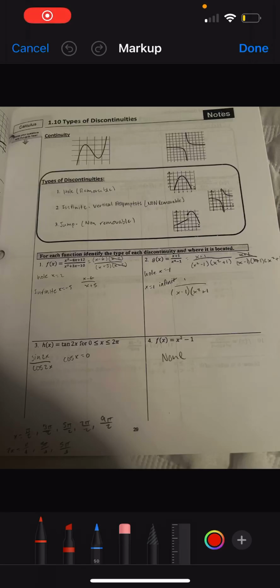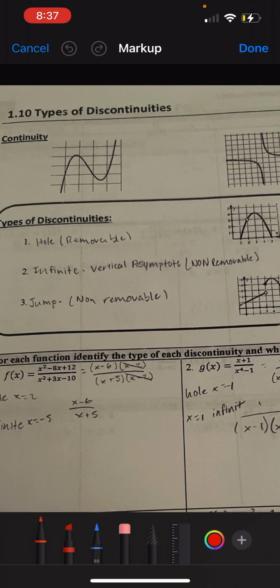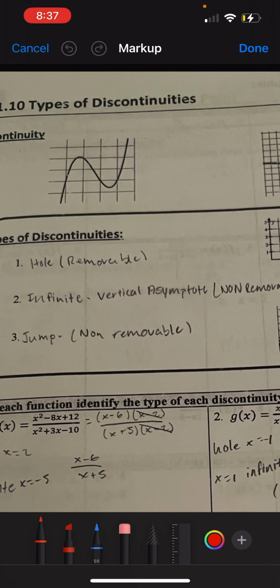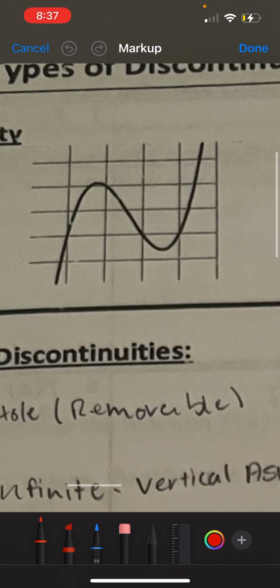Okay, so here today we have 1.10, types of discontinuities. There we go. So just straight off, this one you could tell is a hole. It's a little bit hard to see, but I have the paper right in front of me.